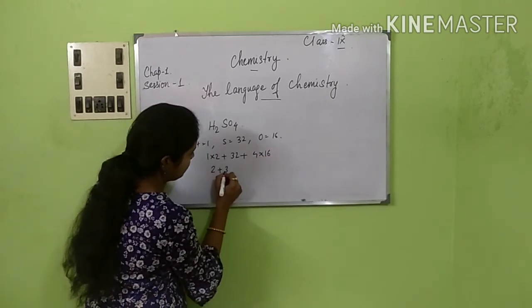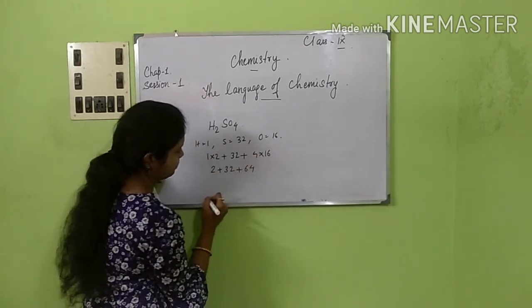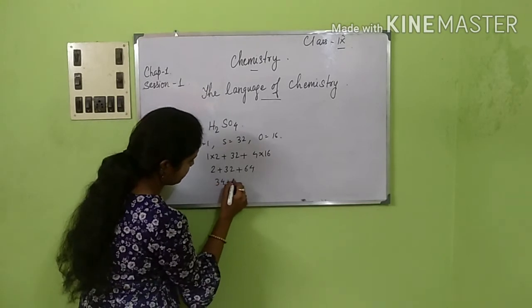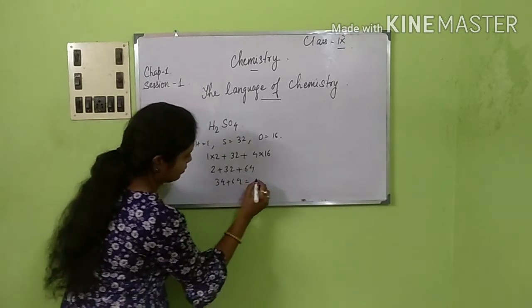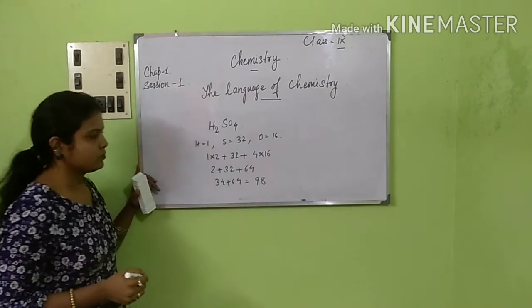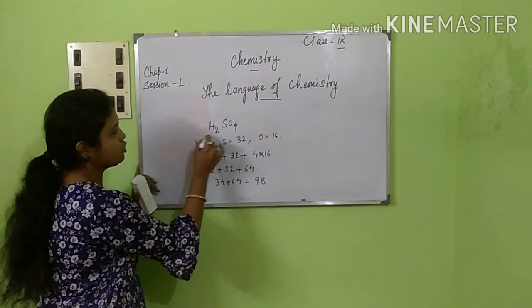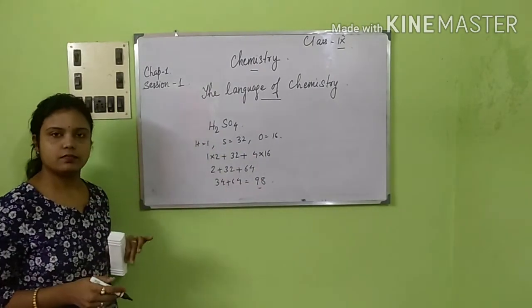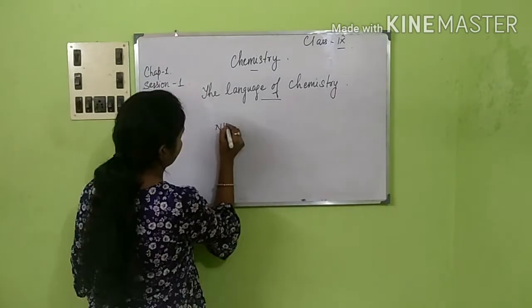So 2 plus 32 plus 64. You are having 34 plus 64, you are having 98. So the molecular weight of H2SO4 is 98.